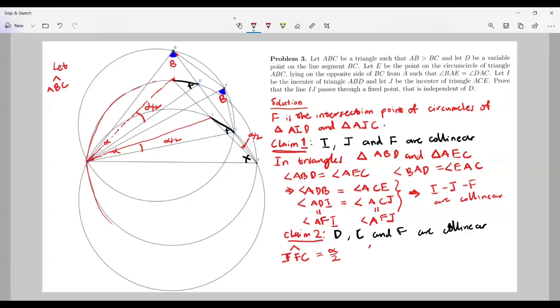So angle IFT equals alpha over 2. So as before, in this other case, you can get that D, C, and F are collinear. Okay, so let's finish it off from here.